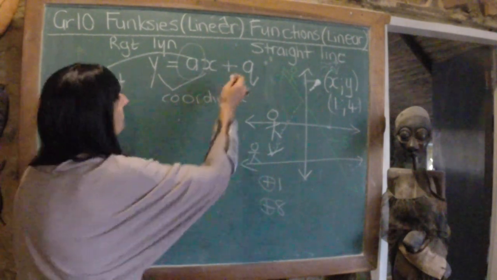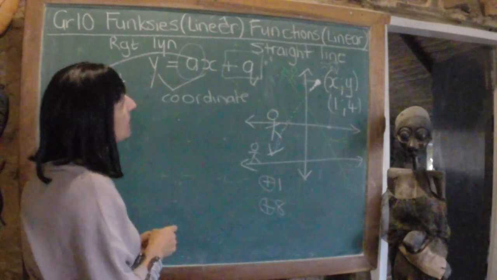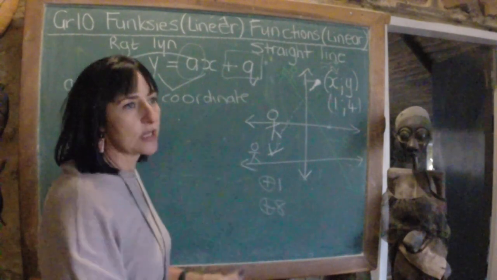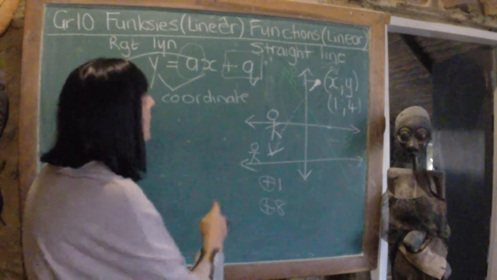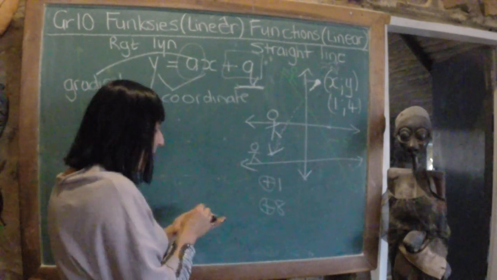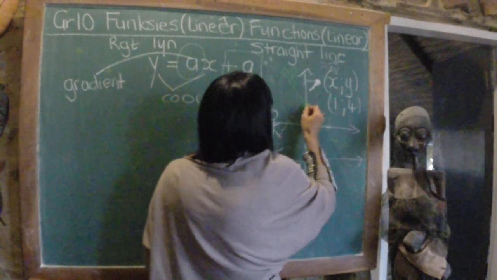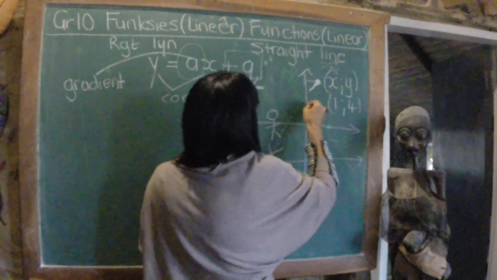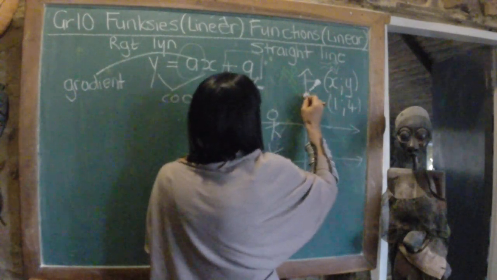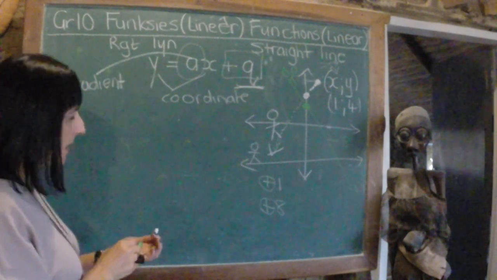Die q is die stand. This q moves a line upwards or downwards. Okay? This q value will always be the y-intercept. So daai q-waarde is altyd waar my lyn my y-as sny. q is where the line cuts the y-axis.